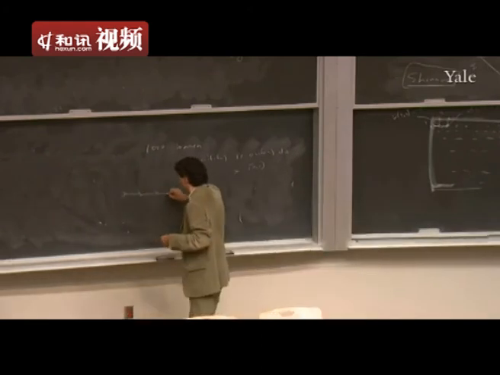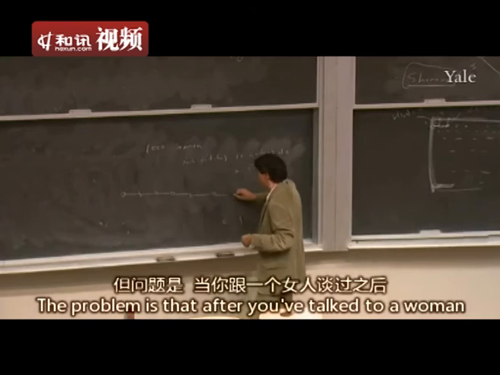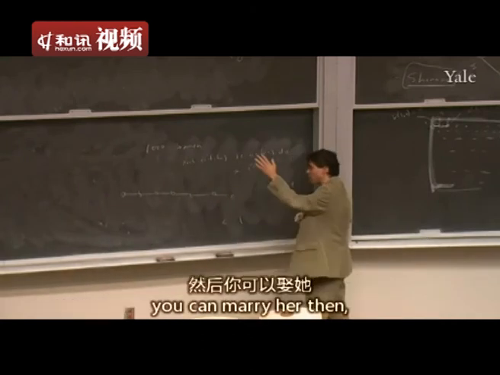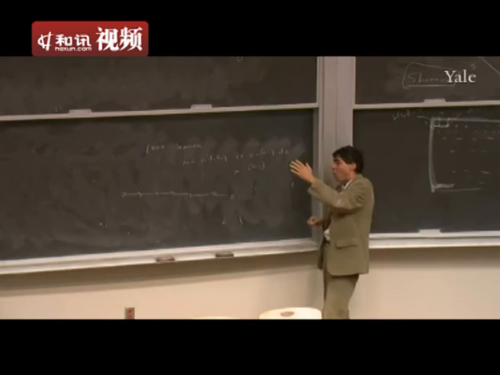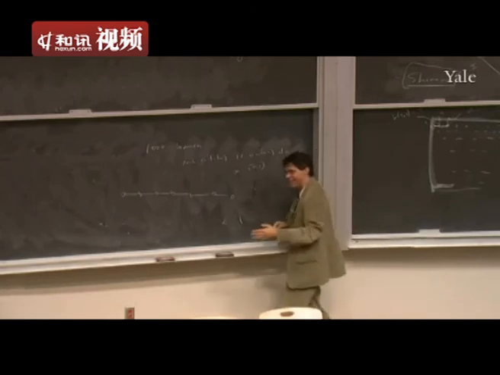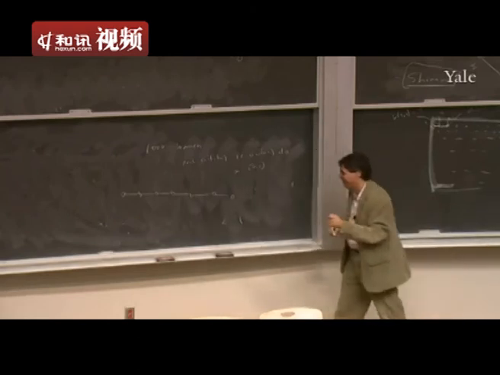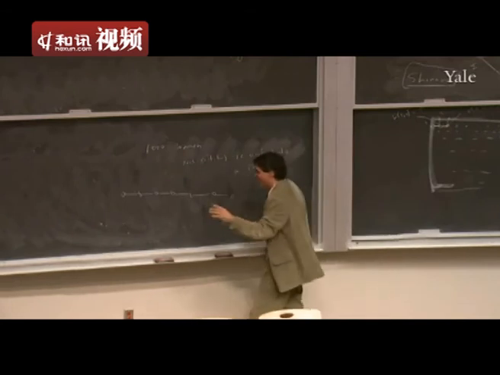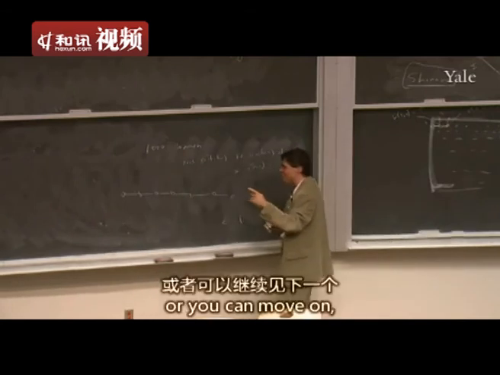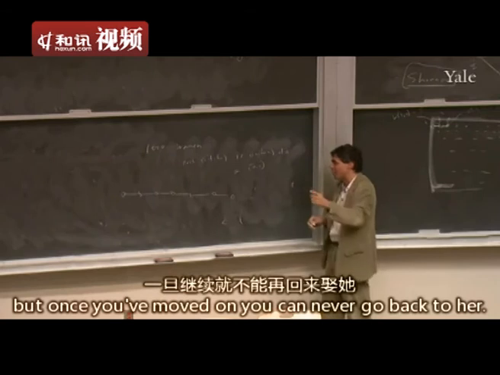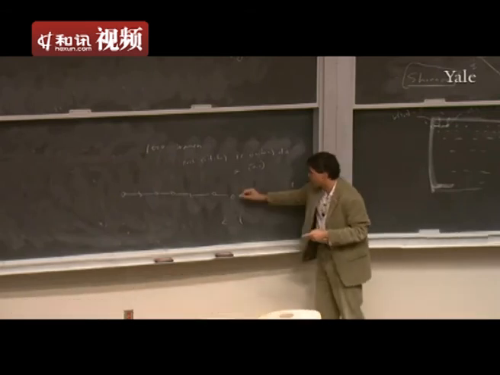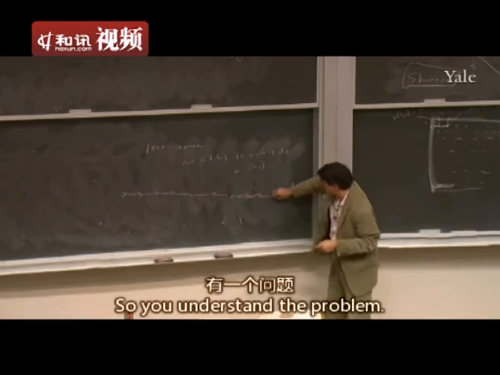The problem is that after you've talked to a woman, you can marry her then, or you can move on, but once you've moved on, you can never go back to her. So you understand the problem.